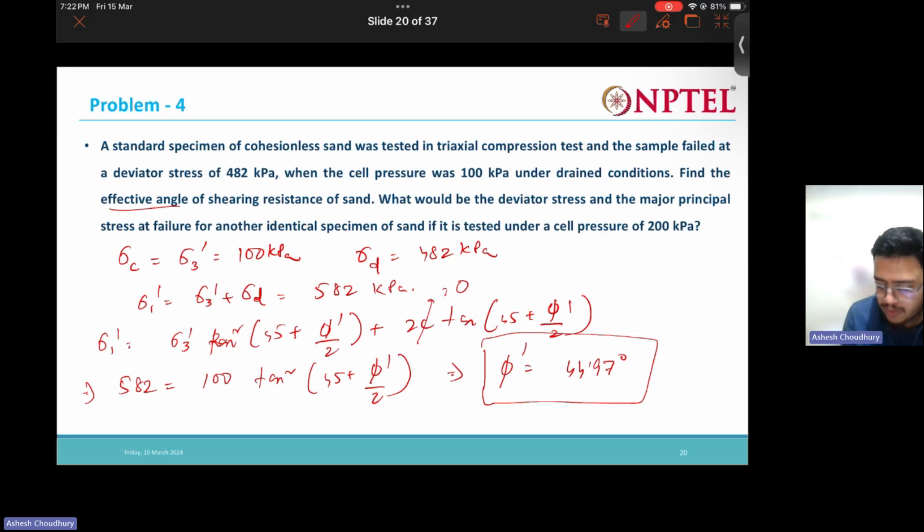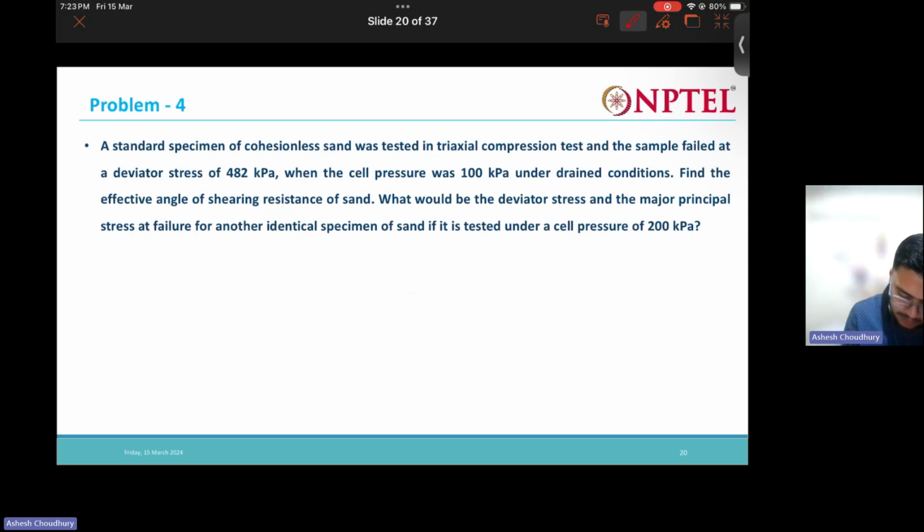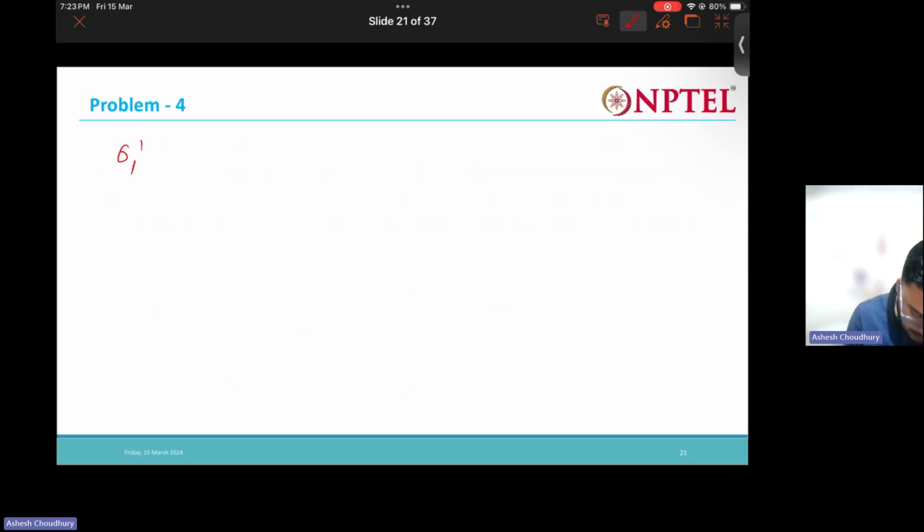The second part is what would be the deviator stress and the major principal stress at failure for another identical specimen of sand if it is tested under a cell pressure of 200 kPa. Now the cell pressure is increasing. As soon as we say the specimen is identical, that means the c and phi values are going to be the same. So c will be 0 and phi will be the same, 44.9. So let us do that. Same problem.